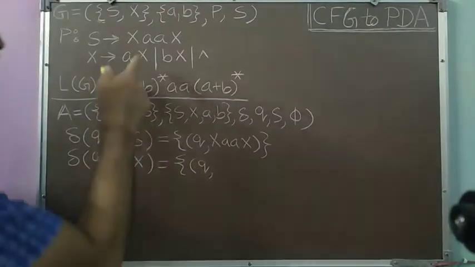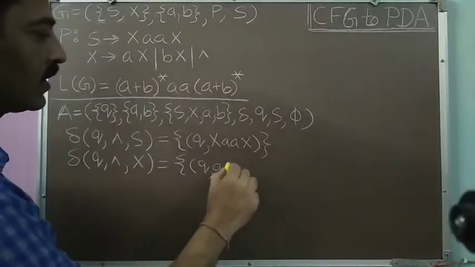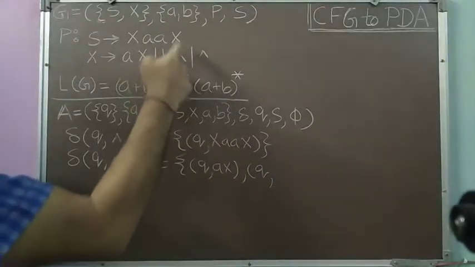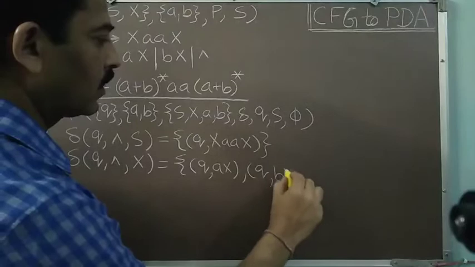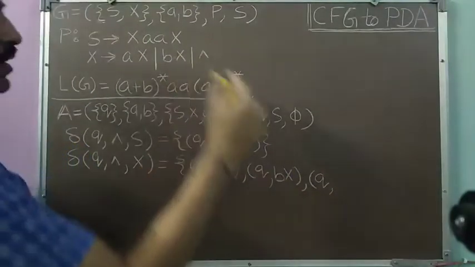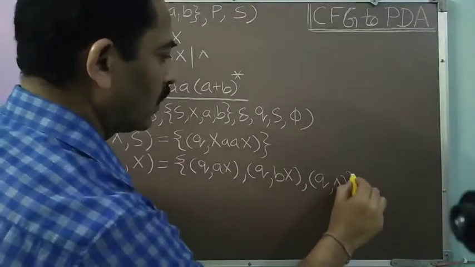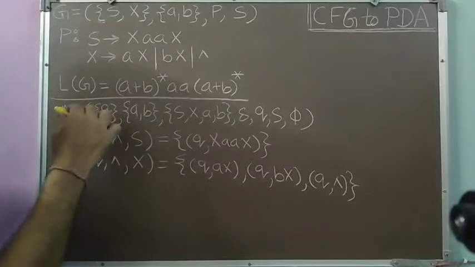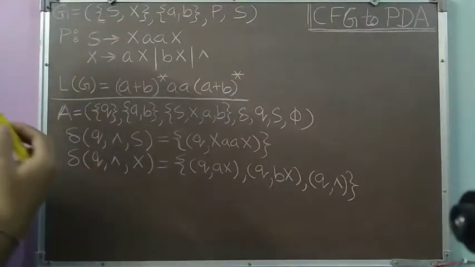One is (q, aX), so I will write aX here. Another one, (q, bX), so I will write bX here. And the third will be (q, null). So I have written productions of all the variables as per rule 1.